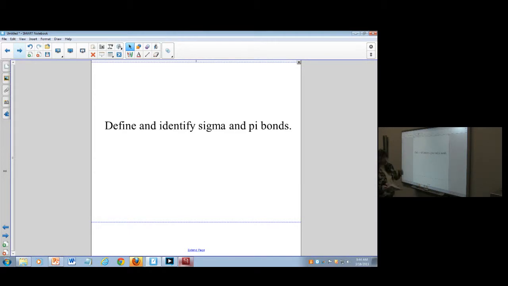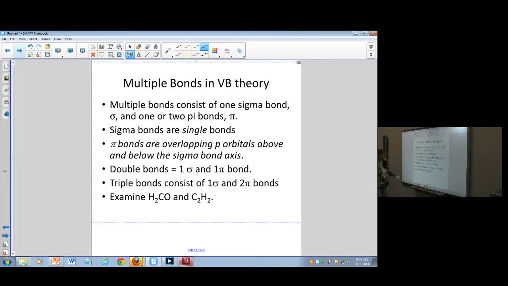Now I want to talk about how we form double and triple bonds, or multiple bonds. We're going to use the valence bond theory to help us see these. So some concepts: any single bond is called a sigma bond.